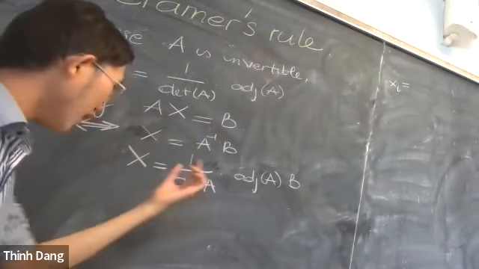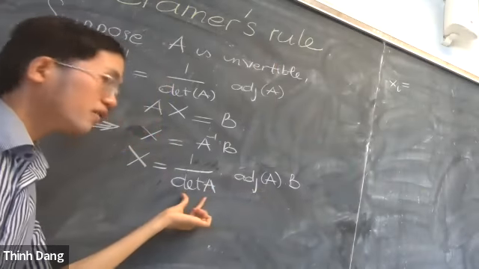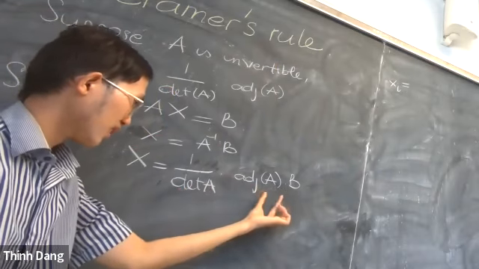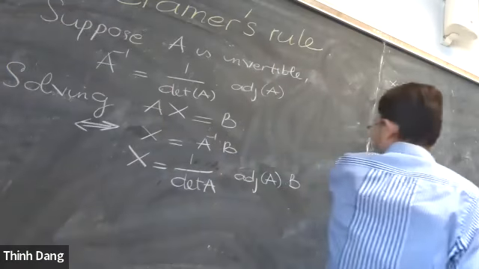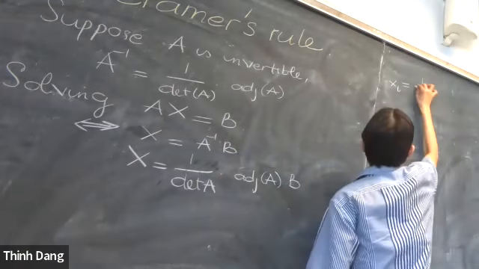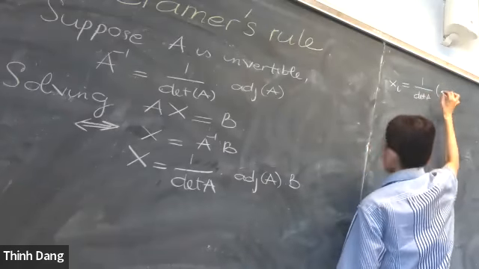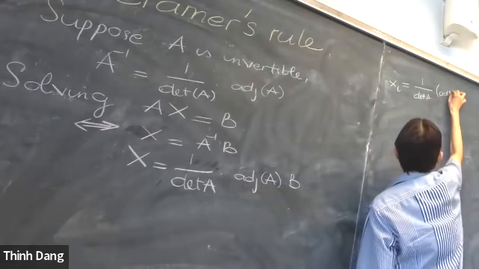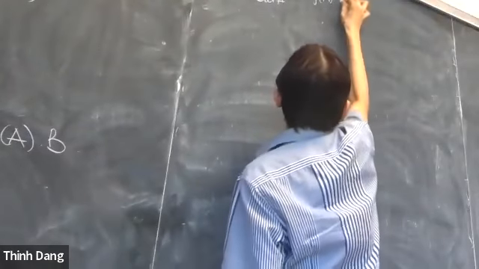This 1 over the determinant of A is already a number, so we only need to look for the i-th entry of this column vector. So xi should be equal to 1 over the determinant of A multiplied by the i-th entry of this matrix.